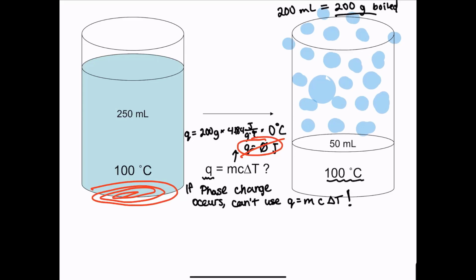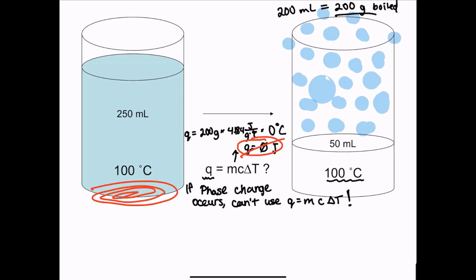So if a phase change is occurring, we can't use Q equals M times C times delta T, because we are going to get the same problem every time, that the lack of a change in temperature is always going to lead us to think that there is no energy requirement. And as we just discussed, that doesn't make sense, and that is counter to all of our lived experience. So we need to come up with a different relationship.